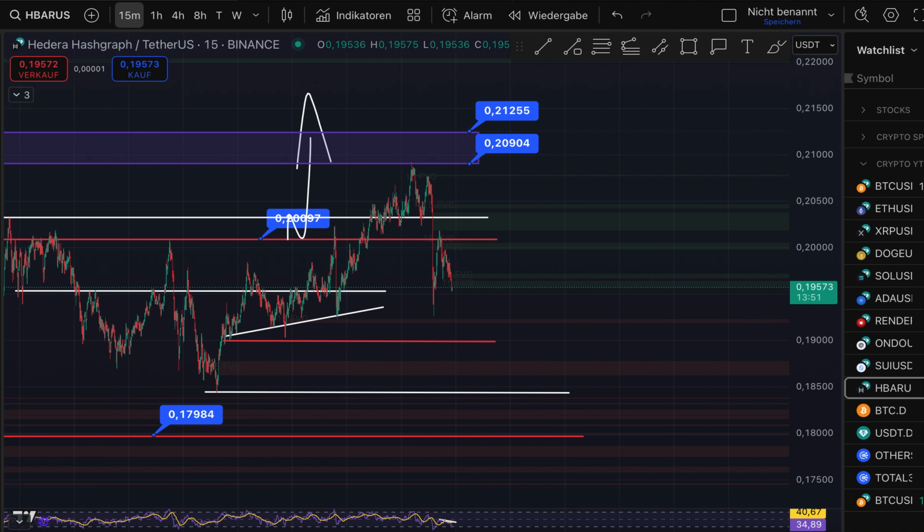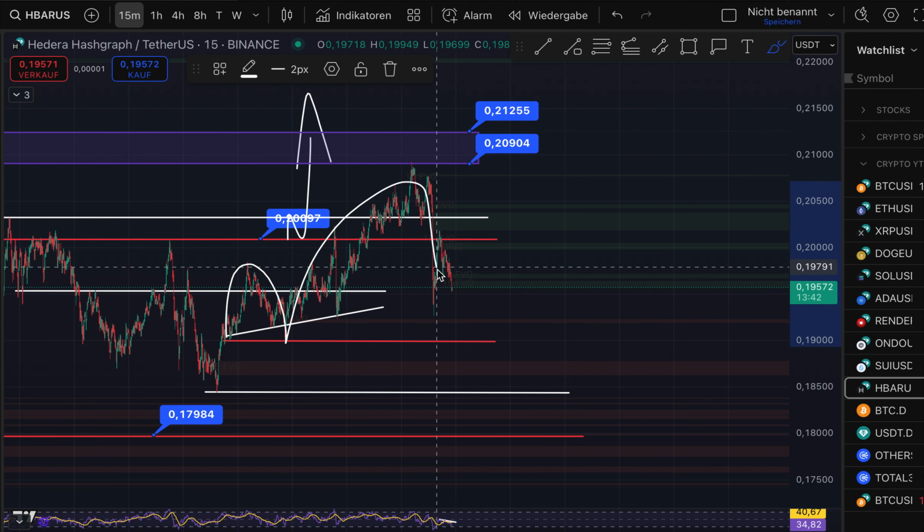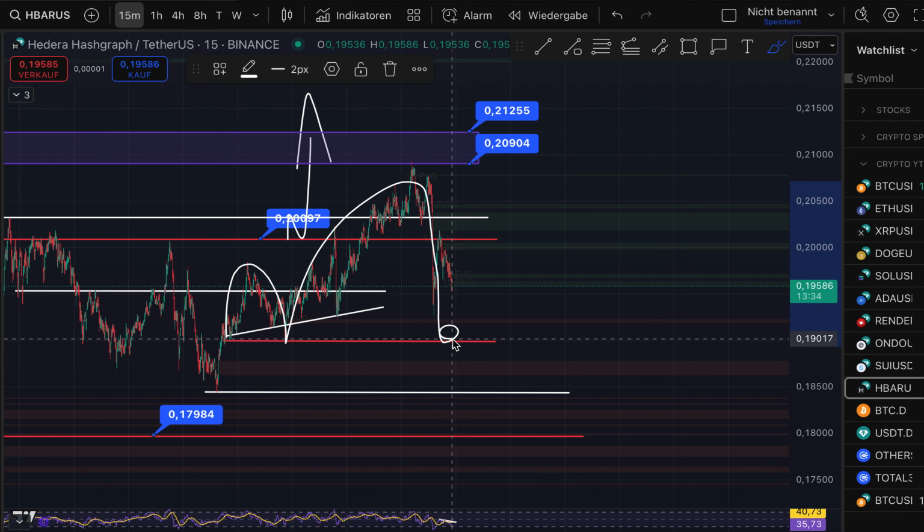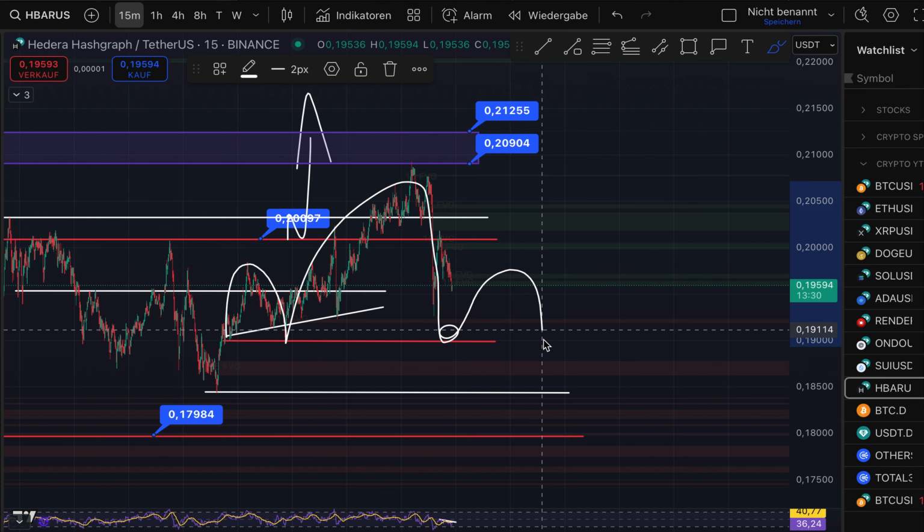So, left shoulder, possible head if we get down to 19 cents. If we get at 19 cents support, which I think we should get, and we get a bounce and sell off as well, then we have a head and shoulders formation again.